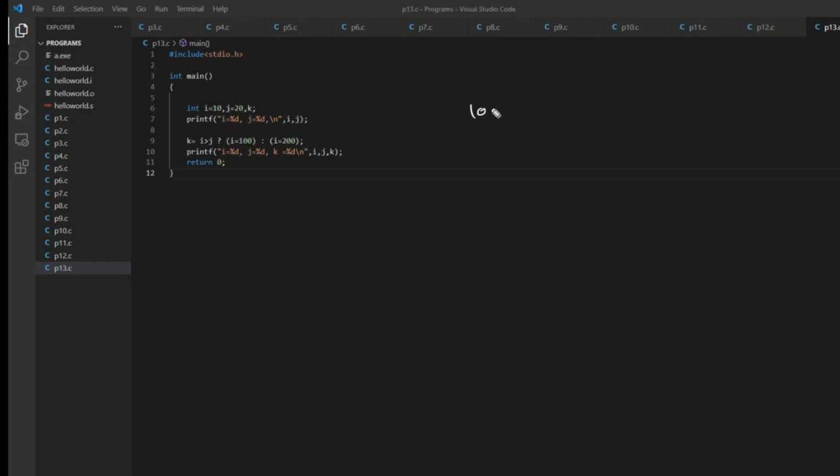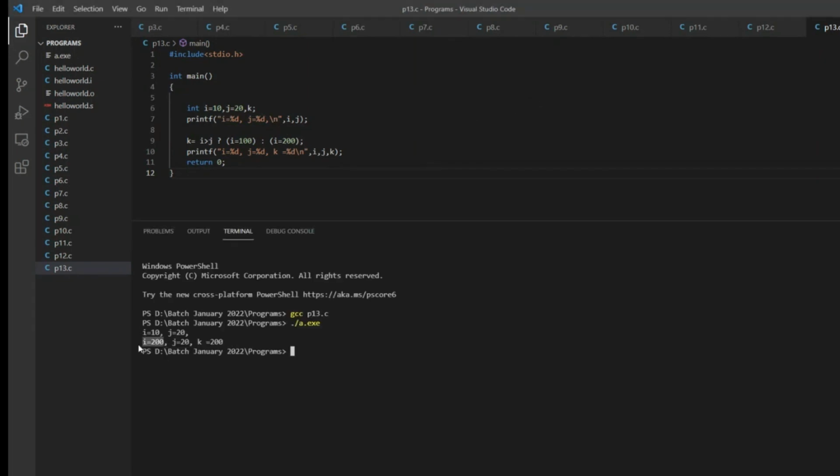So 10 greater than 20, is the condition true or false? The condition is false. So i is equal to 200. Here I am changing the value of i also, and inside k, whatever the value is gets stored. So my k will be 200 and i will also be 200. This is for example purposes only. See here, my i will change here and whatever the data of i is stored into k.